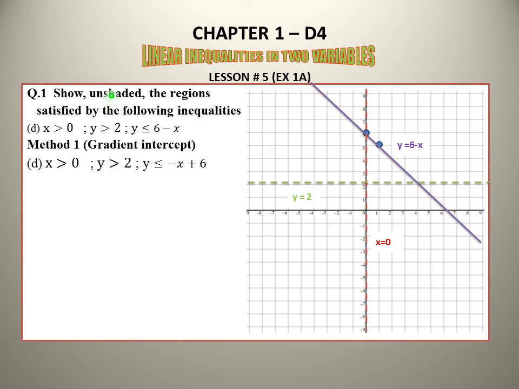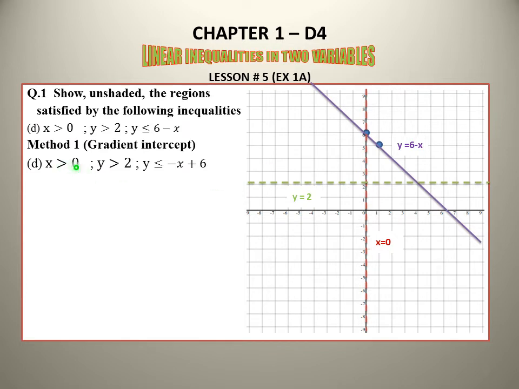Again we are asked to show unshaded the region satisfied by the following inequality. That is, the defined region is to be left unshaded. First, to find the defined region for x greater than 0: because this is a vertical line, this line will divide the plane of the graph into 2 parts, one on the right side and one on the left side.